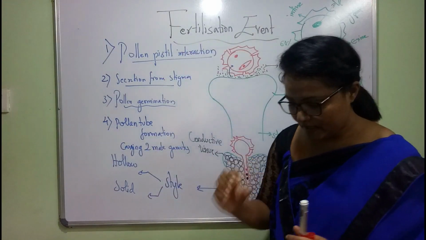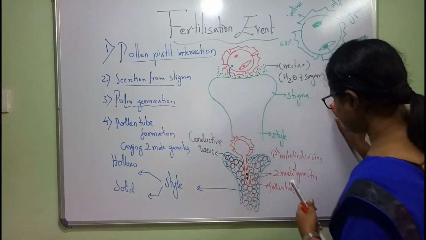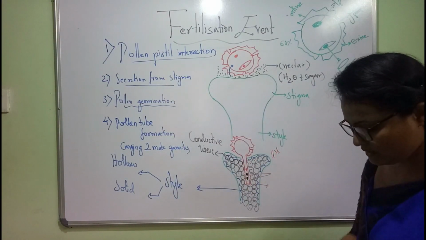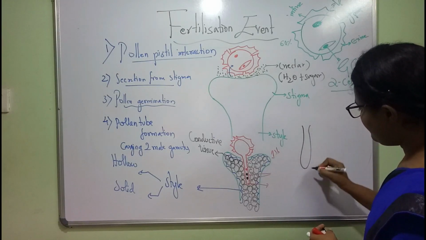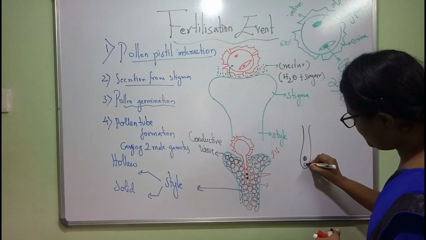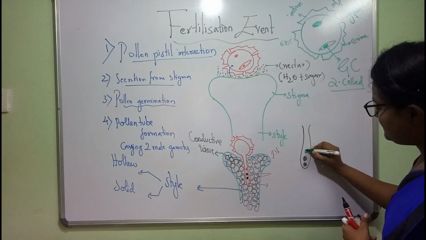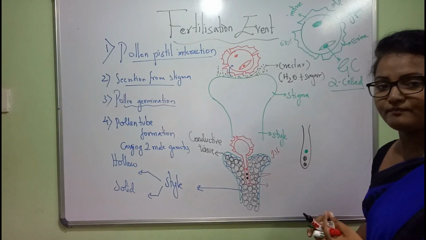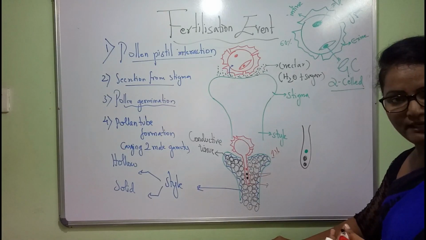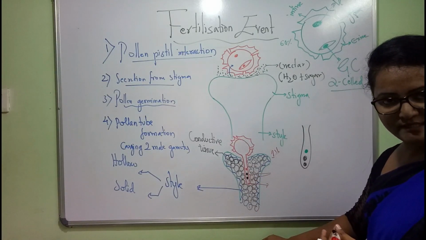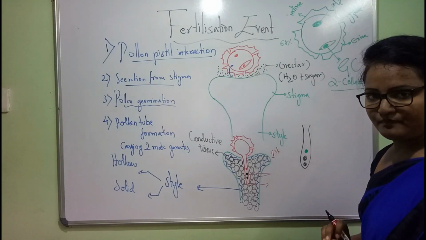Just imagine this is a pollen tube which contains two male gametes, and this is the vegetative nucleus. When they travel within the solid style, they have chances of rupturing.